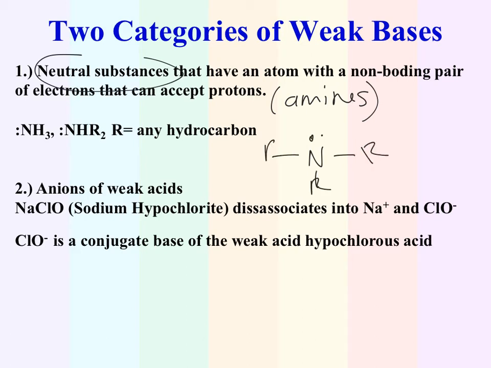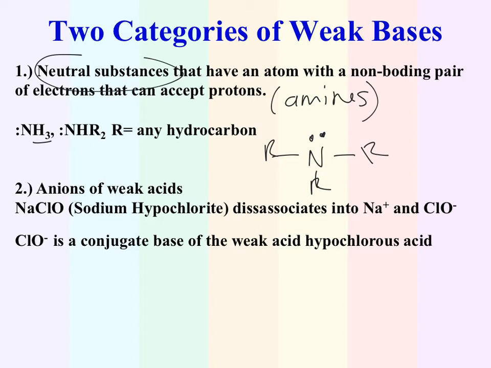Like the following, you have these two lone pairs on that nitrogen, and those can be a location where protons can be accepted, right? The R values here can be any hydrocarbon, so CH3 or whatever, and of course ammonia is the primary example of a weak base that we've been looking at so far.